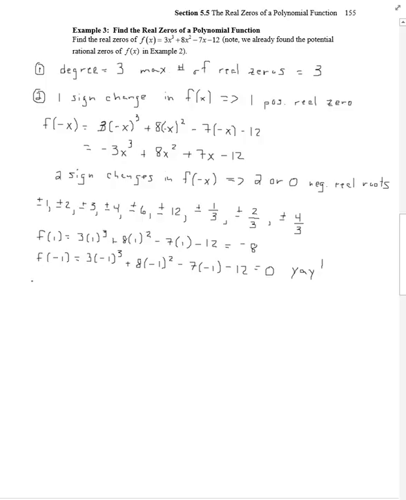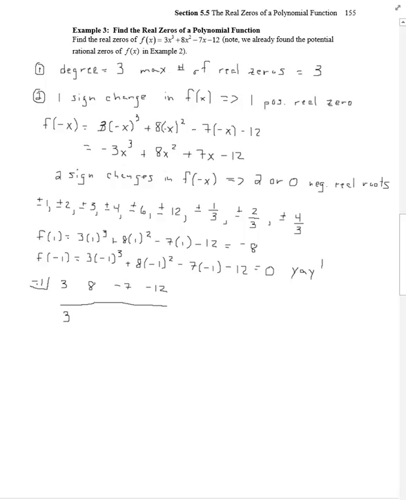So now that I've figured out that negative 1 is one of them, I'm going to do synthetic division. So remember, we put negative 1 in the box, and we write down the coefficients of our polynomial. So that's 3, 8, negative 7, and negative 12. We bring the first one down, so 3.